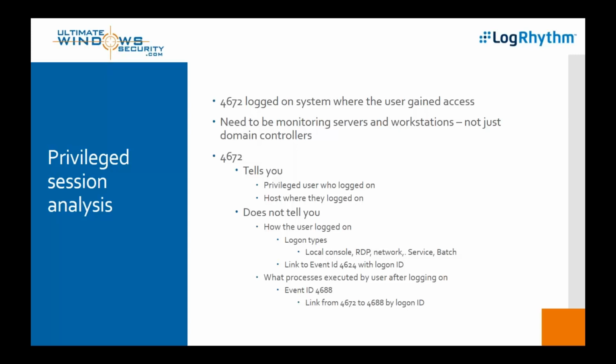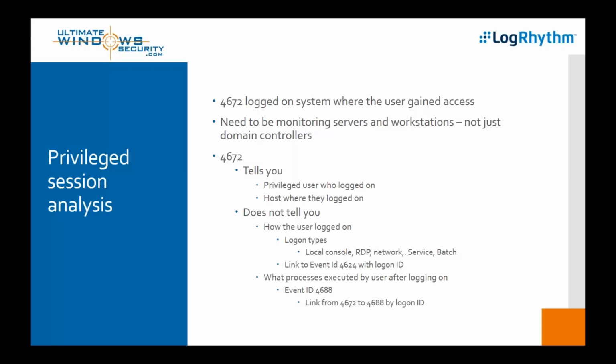Now, if we get these 4672s from those computers, here's what it tells you. It tells you the privileged user who logged on, and of course, where they logged on, the host. So you could say the who and the where. But let's make sure you understand the next thing, what 4672 does not tell you. It does not tell you the logon type.